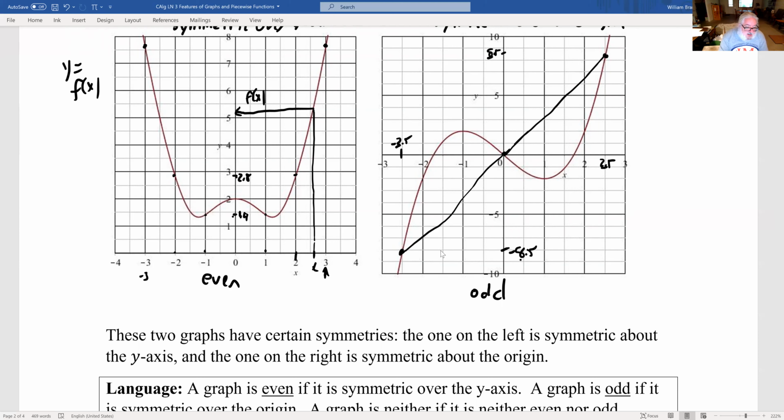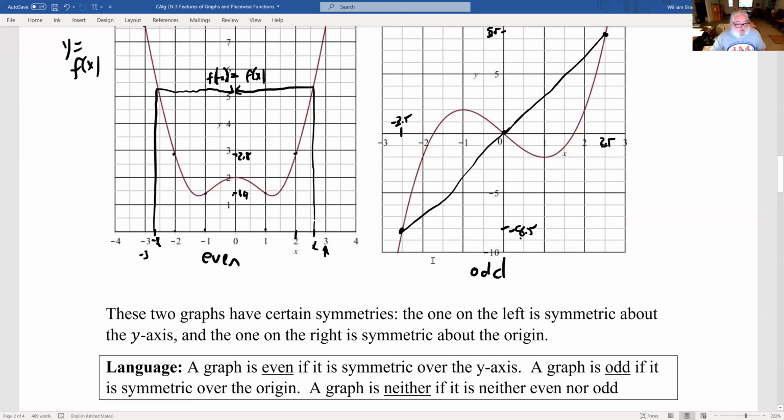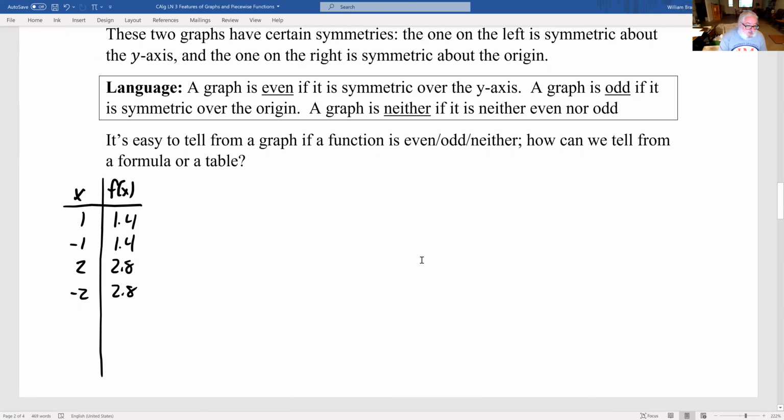If I take the equal and opposite x value, so this is minus x, if x is about 2.6, this is minus 2.6, and we go all the way up till we hit the graph, we go over to the y-axis to see what we get, that's f of minus x. And those should always be the same, right? And it shows up in the table, equal and opposite x's.